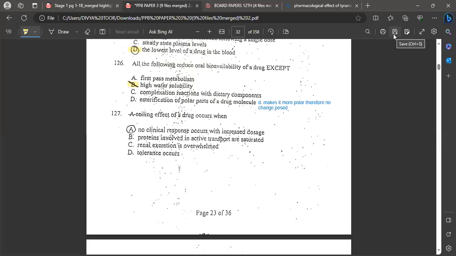Samia has something on the chat. Low bioavailability. No, go ahead. Okay, so low bioavailability is most common with oral dosage forms of poorly water soluble drugs. Okay. So stuff that are not water soluble have a low bioavailability.